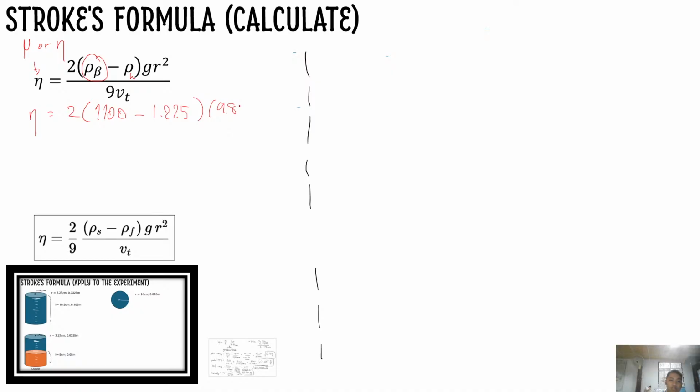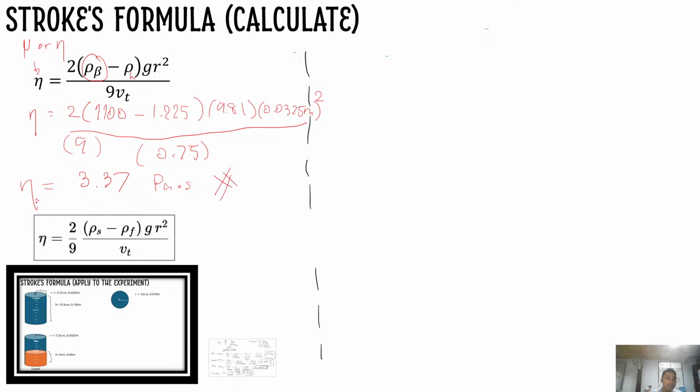Gravity is constant, 9.81. The radius of the container is 0.0325 meters, squared. The velocity of the air is 0.75. We calculate together and get around 3.37 per second. That's for the air.